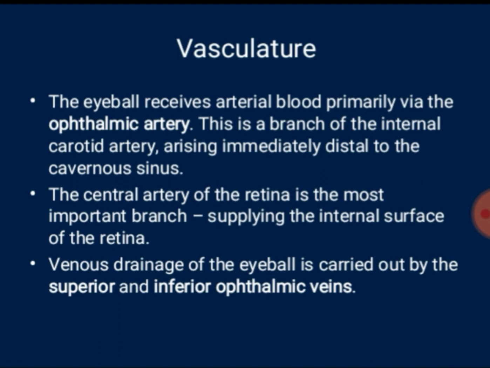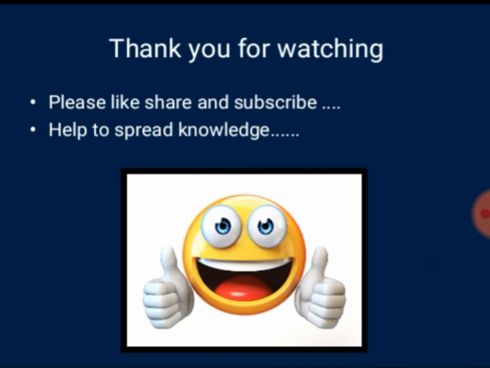The central retinal artery is responsible for taking blood into the retina to provide nourishment to its various layers. And the wastage removal, or venous drainage, is carried out by the superior and inferior ophthalmic veins.